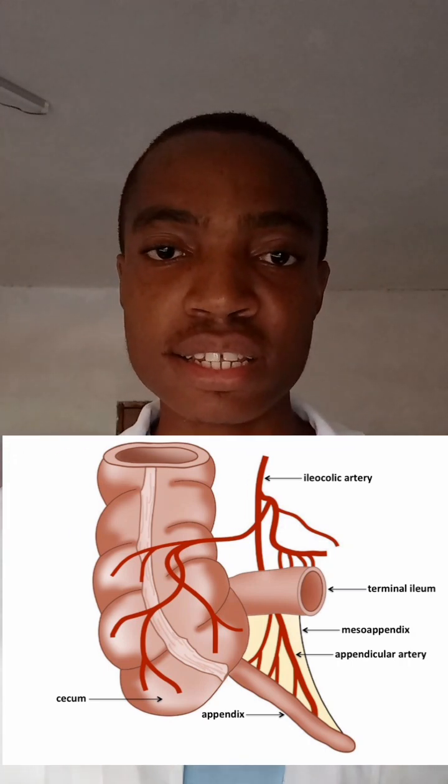So in instances where the appendix becomes gangrenous, the appendicular artery is thrombosed. Okay, it gets blocked, and we see many other complications that we are going to discuss in this video.